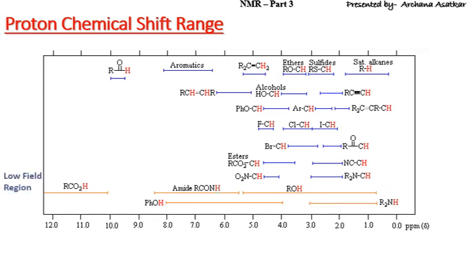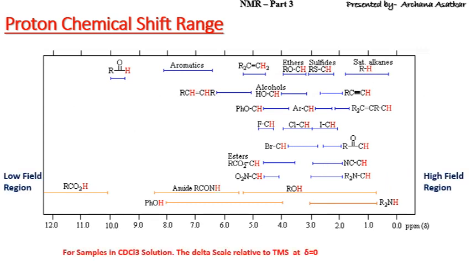This is the pictorial representation, and by using this I'm trying to explain the proton chemical shift range. It starts from 0.0 ppm, where TMS comes. For alkyl protons the value starts from 1.2 to 1.6 or 1.7. For RCOOH, the acidic group, it comes from 10 to 12, but for the carbonyl aldehyde group it comes near 9.5 to 10.